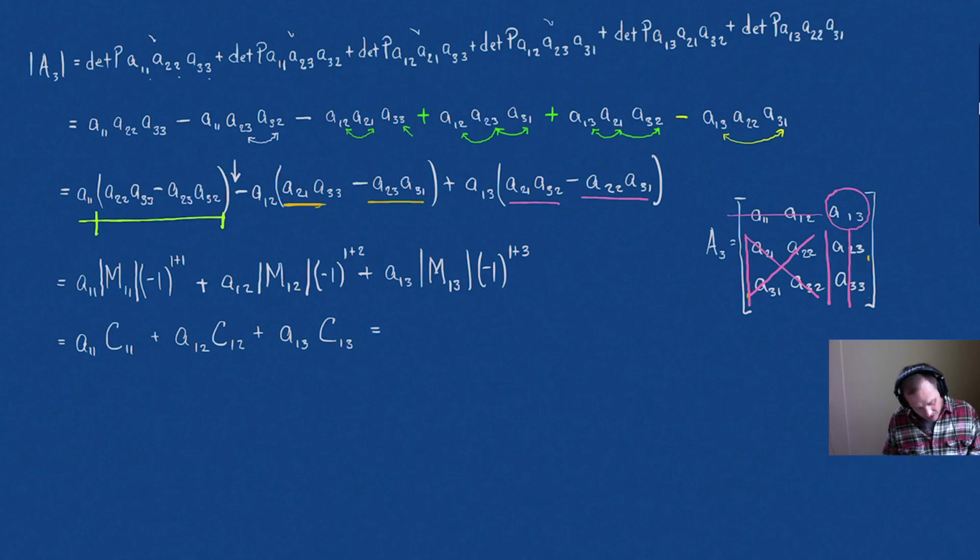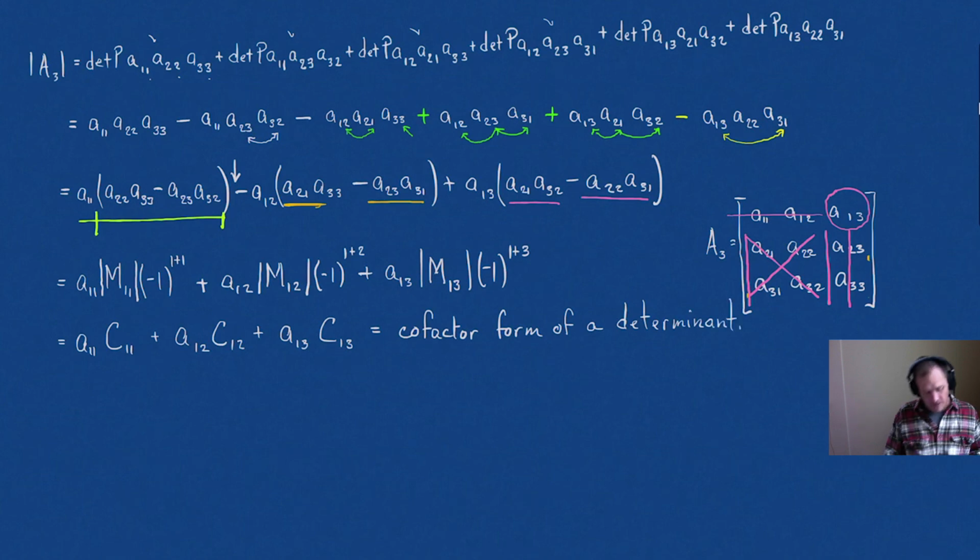And this is the cofactor form of a determinant. Okay? And that's really what you're going to use if you're going to start calculating some bigger matrices by hand, because they get pretty big pretty fast. So the cofactor formula tends to be the easiest one.